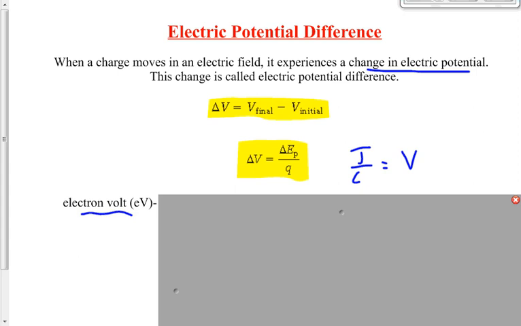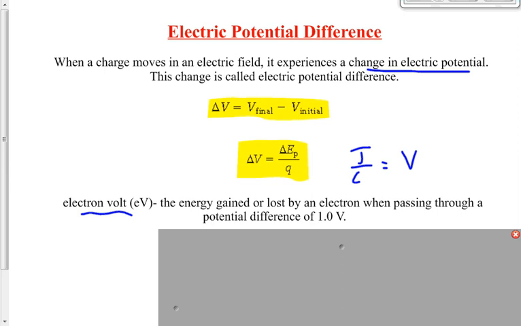It's just another set of units that measures the same thing. It's just a matter of maybe sometimes it's more convenient because of context. Now, how do we define an electron volt? It is a unit of energy, but it's got to have a number associated with it. It is the energy that is gained or lost by an electron as it moves through a potential difference of 1 volt.